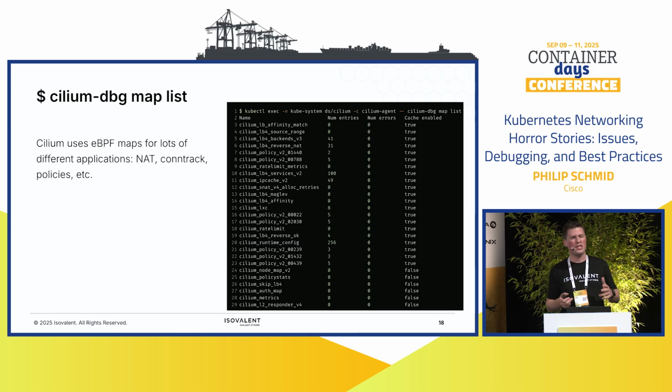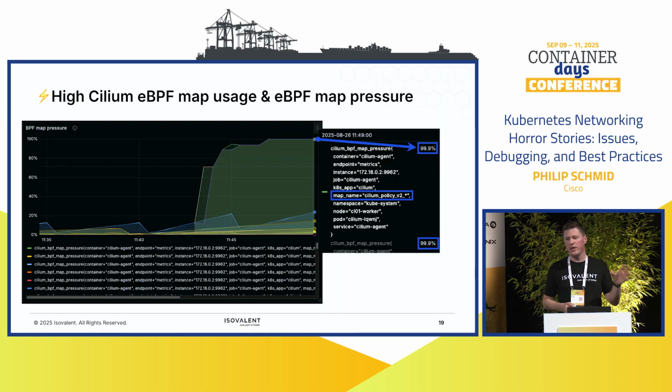So for example, it uses eBPF maps for connection tracking, for NAT, for network policy enforcement, for layer 4 load balancing within the cluster, and so on. Now, the critical part here could be something like this. And that's actually something we've seen multiple times, especially with large customers.